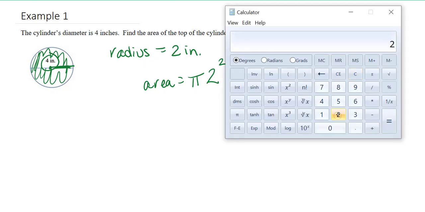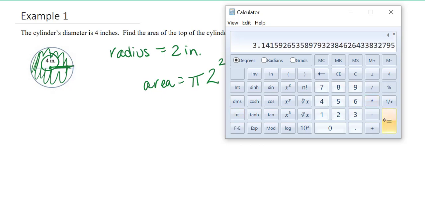We're going to go 2, and then the x to the y power, and we want it to the second power. 2 raised to the power of 2, if you square it, 2 times 2 is going to be 4. Then we're going to go times this pi button.